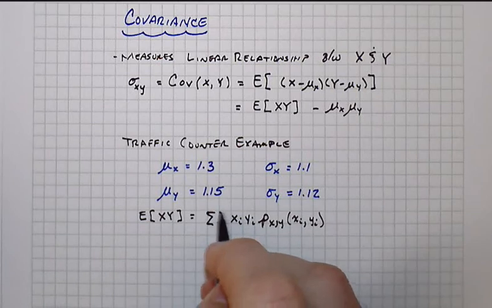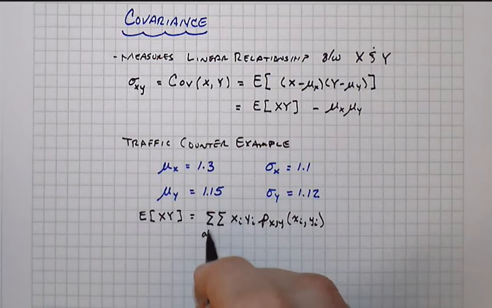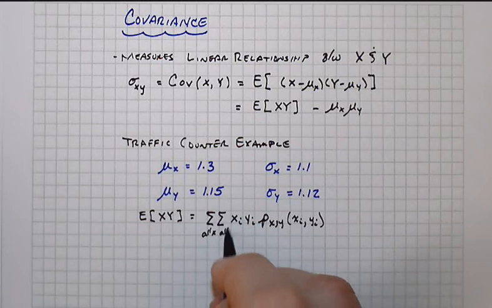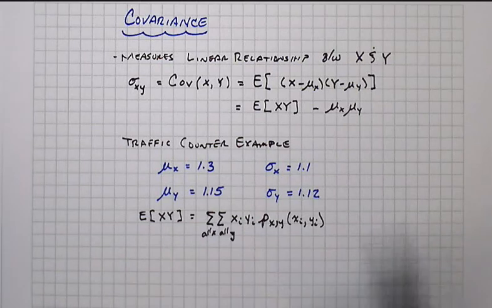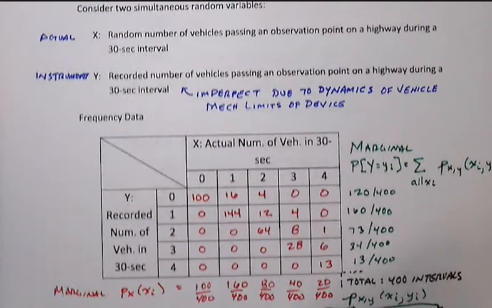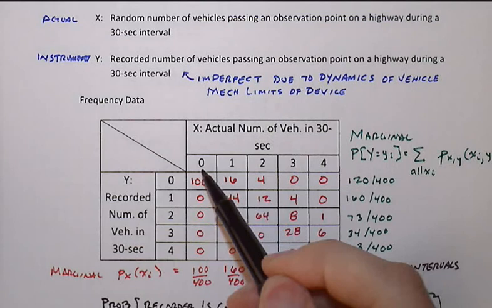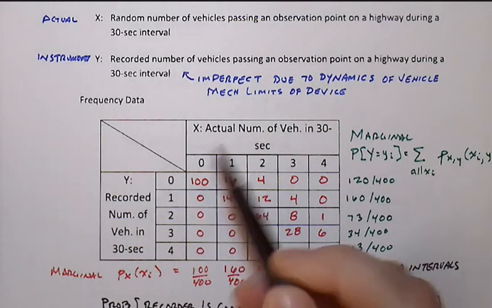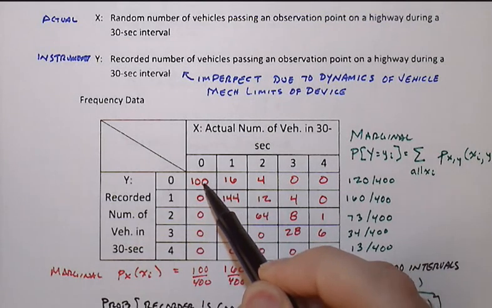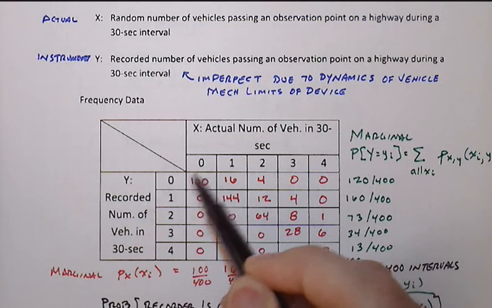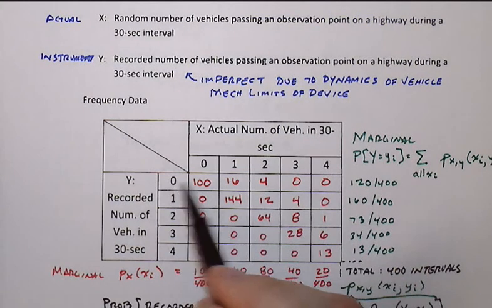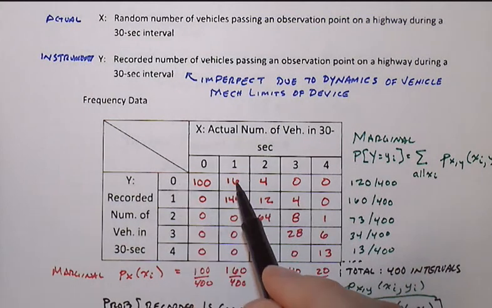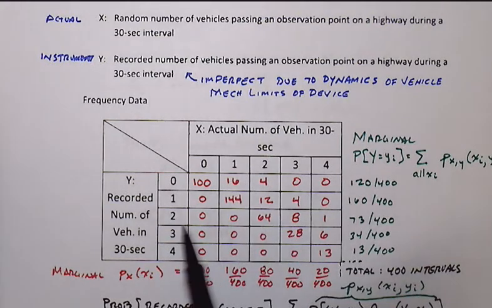So really we have a double sum over all x and all y. If we flip back to our table, we'll take 0 times 0 times 100 divided by 400. There's your probability mass. And of course that's 0. And then we'd have 0 times 1 times 16 over 400, and so on and so forth for all these.